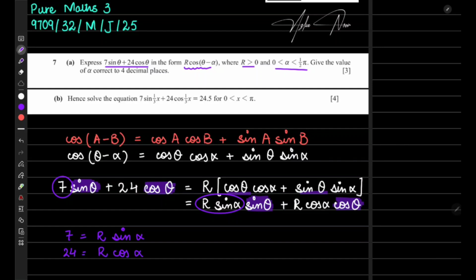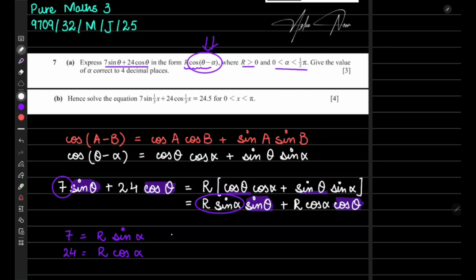This is the method we follow in such questions. We use the formula of sin(A plus B), sin(A minus B) or cos(A plus B), cos(A minus B). Then we multiply it with r and equate it with the given equation and compare the coefficients of sin theta, cos theta or whatever is given there.